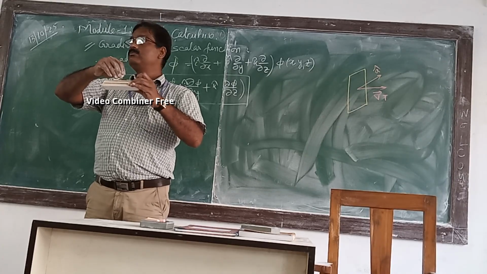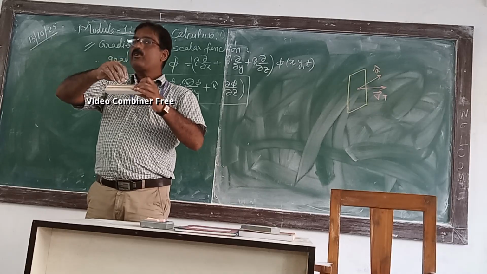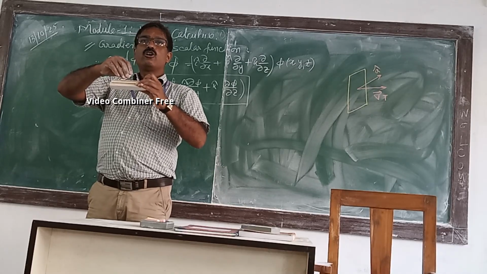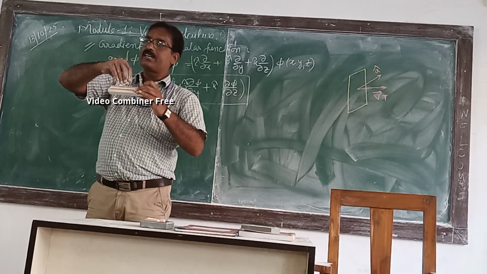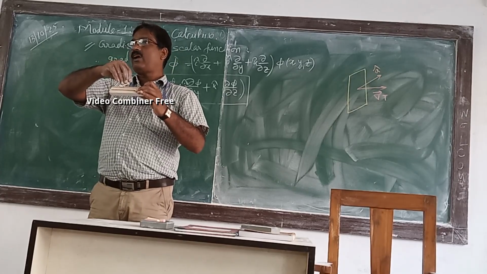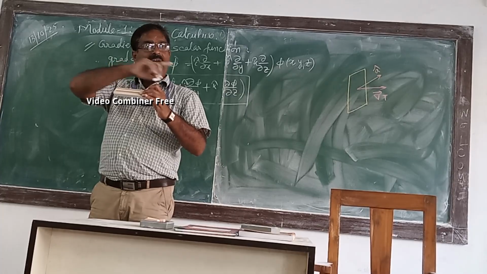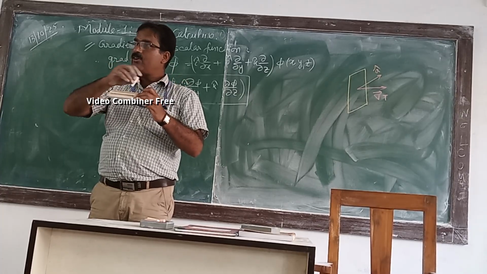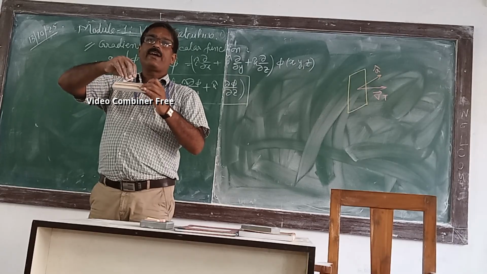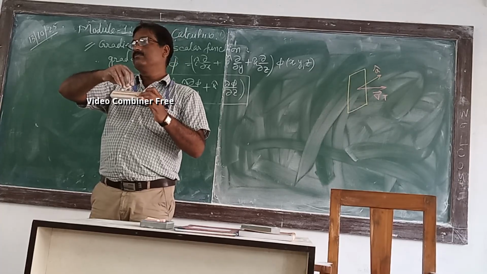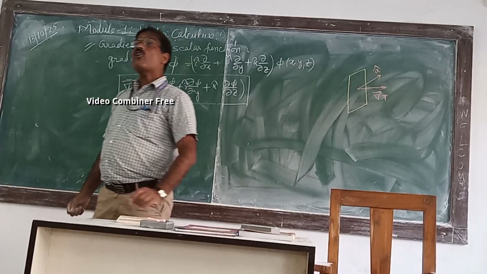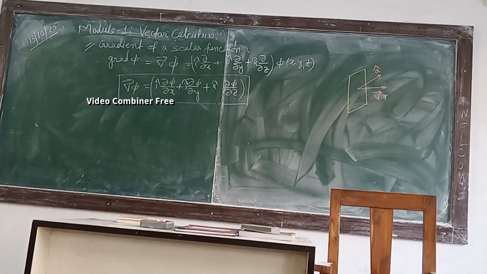Then you have to take the dot product of the gradient of T and the unit vector along this direction. That is grad T dot A. That is the change of temperature in any direction where the unit vector is A.